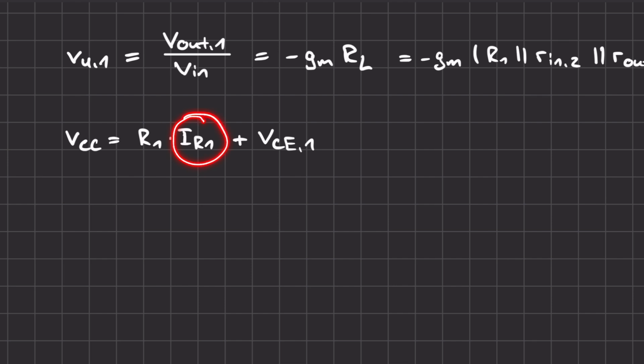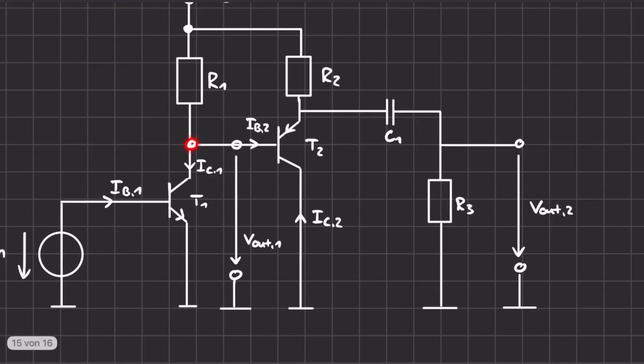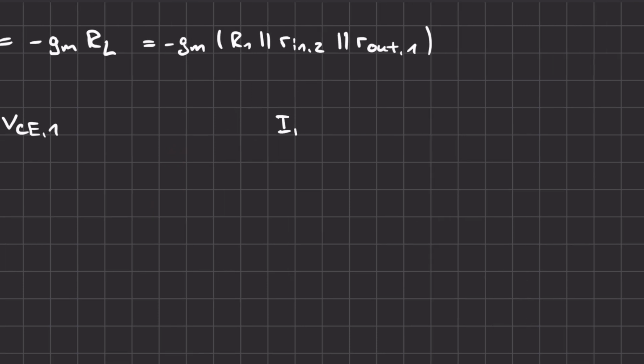But what is the current over the resistor 1? Well, at this node we can see that the current splits into the base current of the transistor 2 and into the collector current of the transistor 1. So the current over the resistor 1 is collector current 1 plus the base current 2.